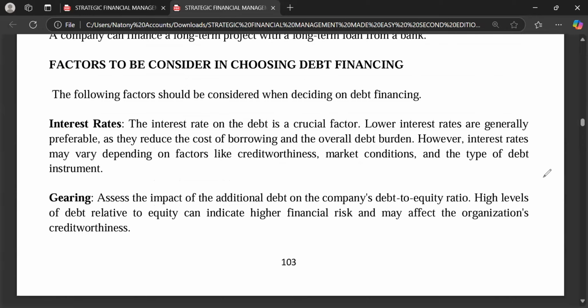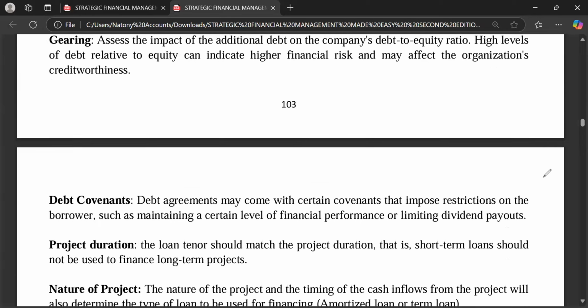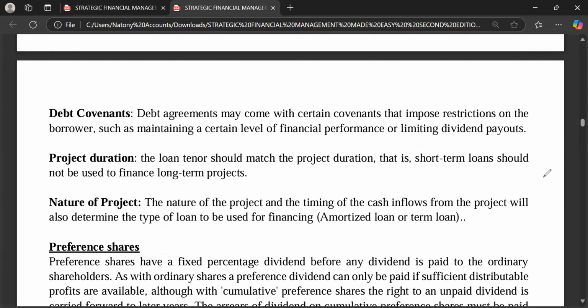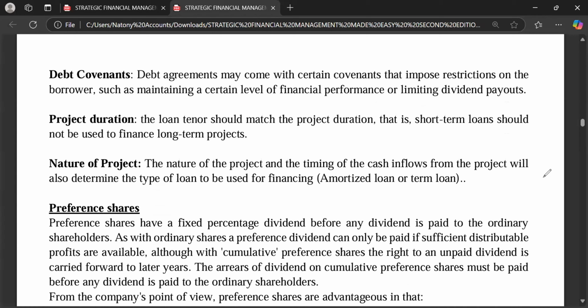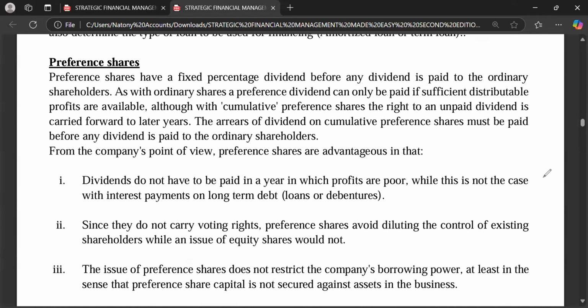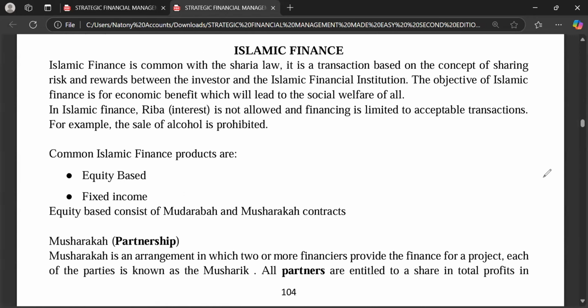So these are the things you'll be looking at for the debt financing: interest, gearing, covenants in the debt, project duration to ensure that it matches with the loan duration, and also the nature of the projects. So Islamic finance has basically two products: equity-based and income-based.